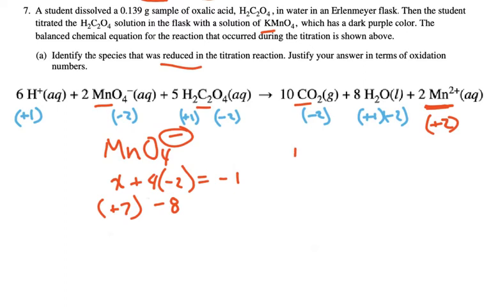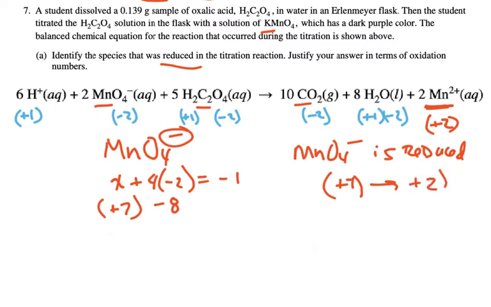So manganese in permanganate, that species is reduced because it goes from a +7 state to a +2 state. And if we say that much, we just earn 1 point.